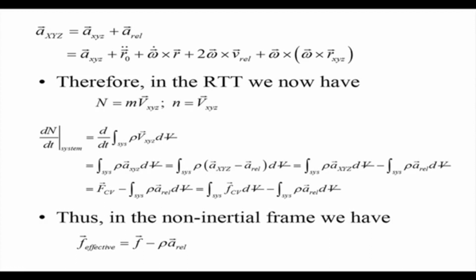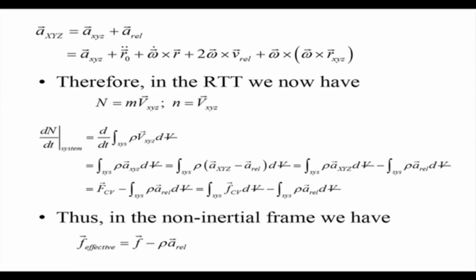So what are the inertial forces or the pseudo forces? This one is due to the linear acceleration of the small xyz rotating reference frame. This is the angular acceleration of the small xyz frame.